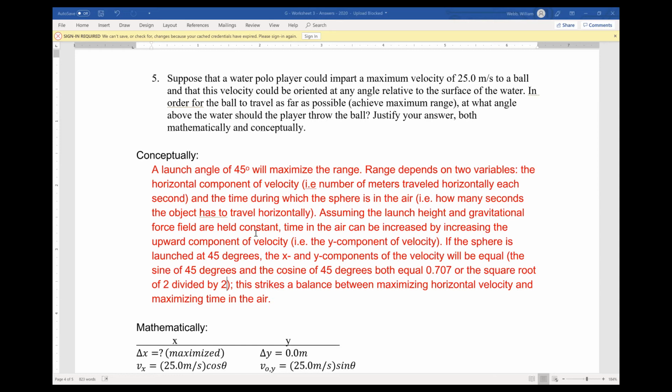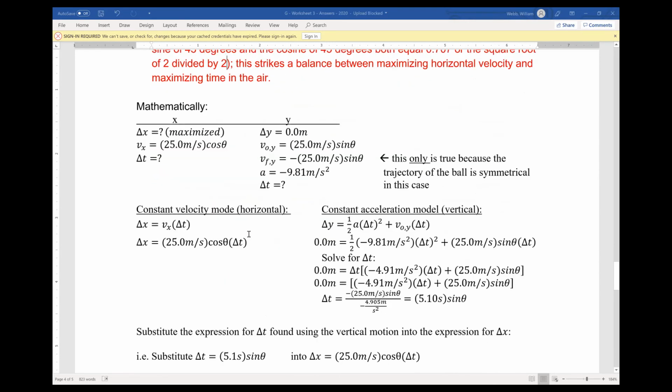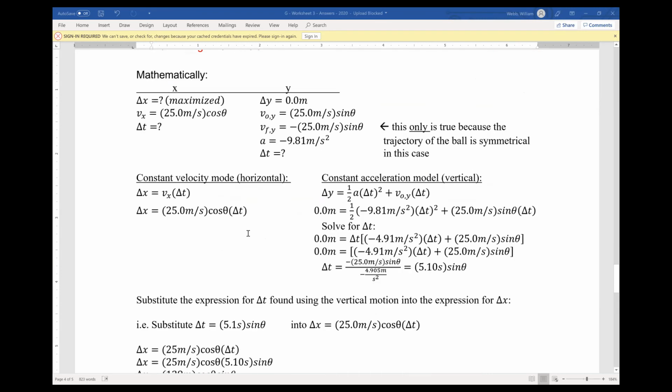Now, you could go through a much more detailed mathematical breakdown, which is what they also include here. And I'm not going to go through this entirely, but I do like the way they've separated the x component variables and the y component variables, and then the x component constant velocity portion and the y component constant acceleration vertical portion.